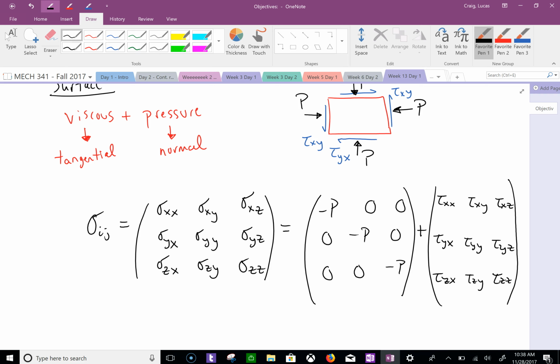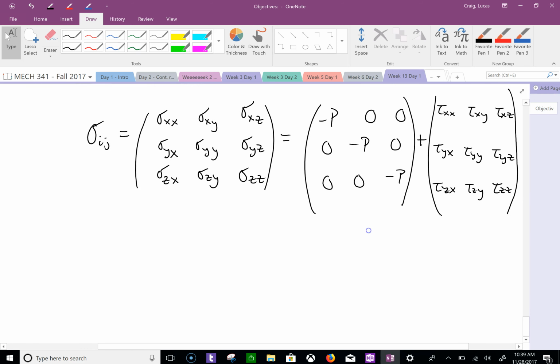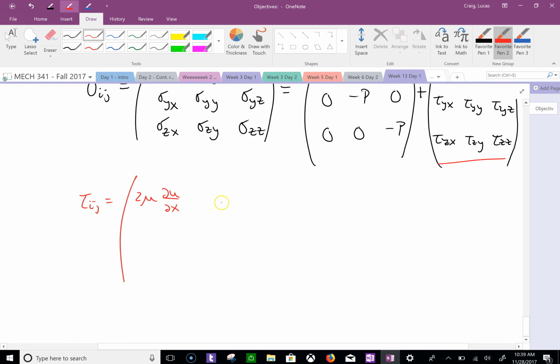Okay, so you have viscous and pressure. Here's our pressure, here's our viscous. You see how I wrote, these are pressures. We know these. There's a whole bunch of derivations for those. But what we can do is write this in terms of something else. So this will be the last thing we write, and then I'll stop today.